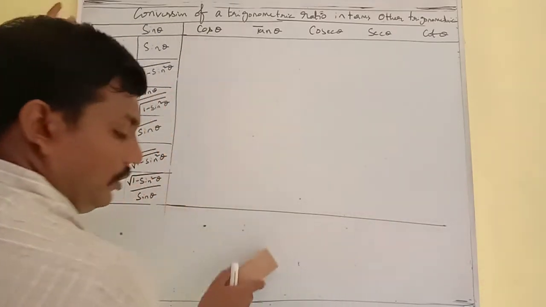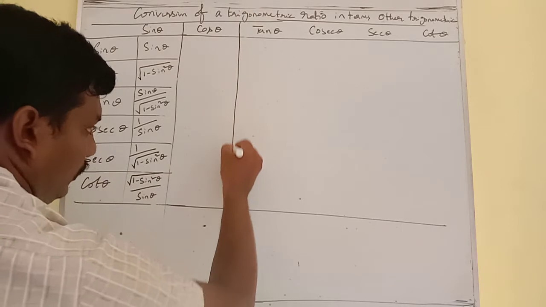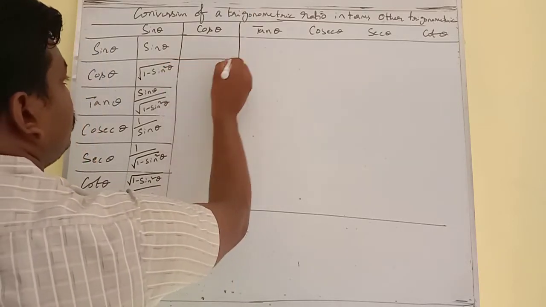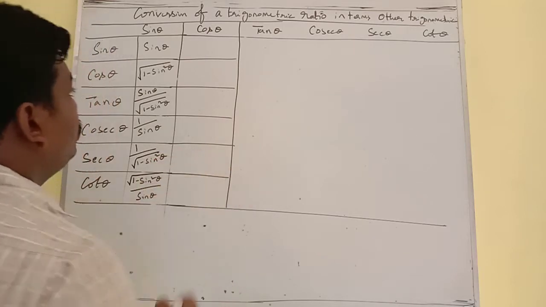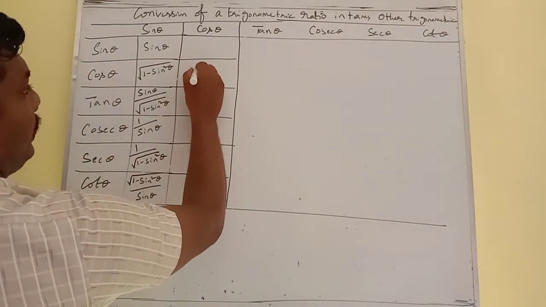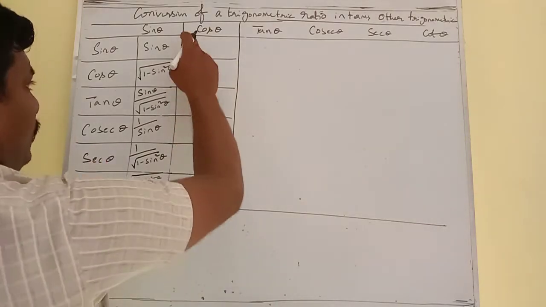Then coming to all the trigonometric ratios in terms of cos theta. How to convert all the trigonometric ratios in terms of cos theta? First, cos theta we directly write as cos theta. What about sine theta?